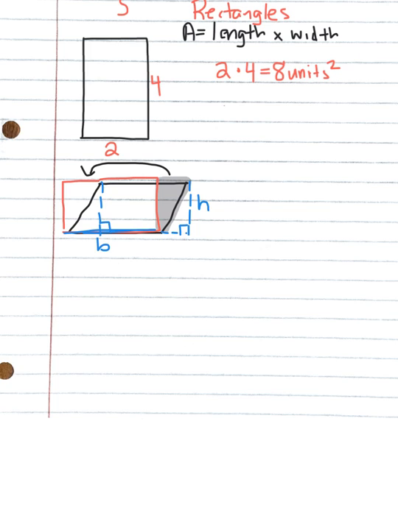So when we find the area of a parallelogram, and this will still work for a rectangle, we're actually going to now use base times height instead of length times width.